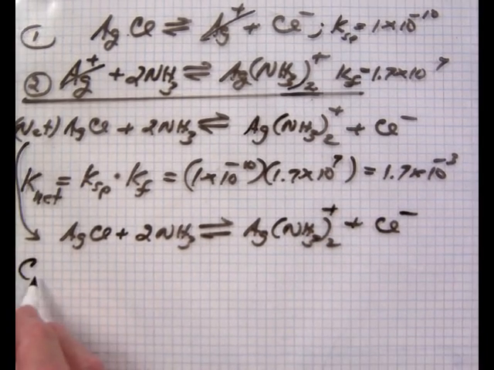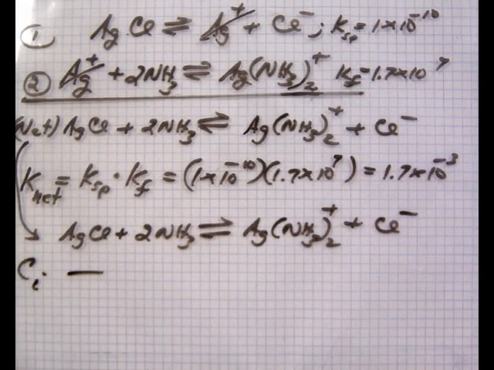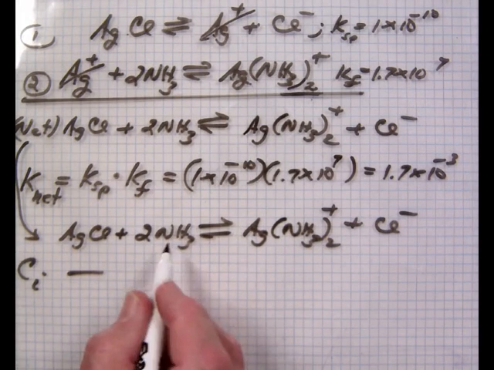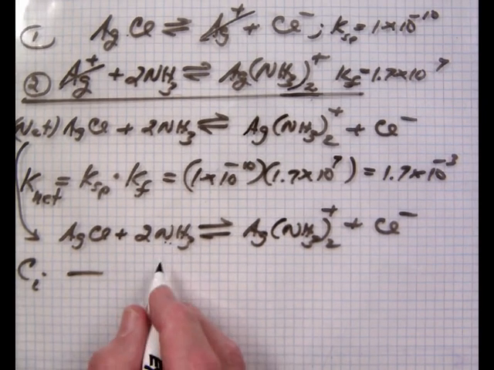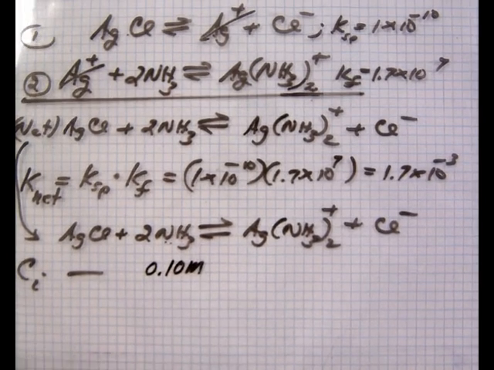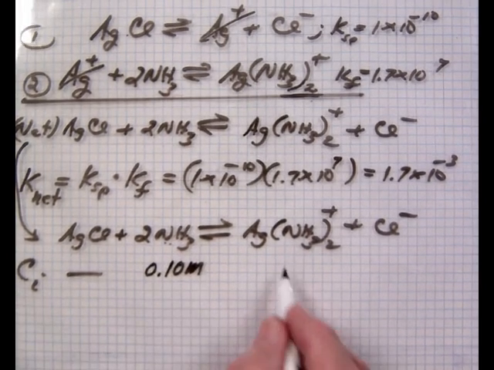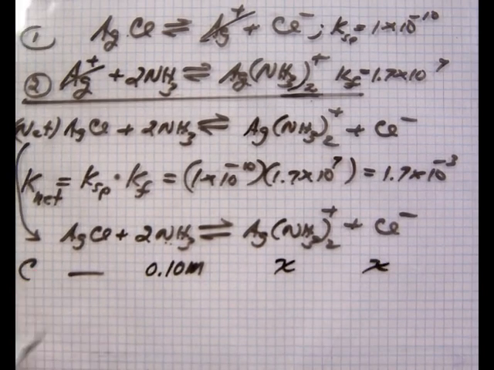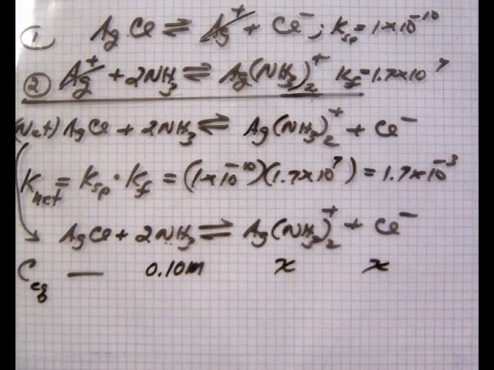Initially, always disregard the salt itself. It's infinitely larger than all the rest of the substances in there. But you can't ignore the ammonia. So we have a 0.10 molar ammonia solution. And when this comes together, you get X and X. Let's make it equilibrium. So you build your equilibrium expression.